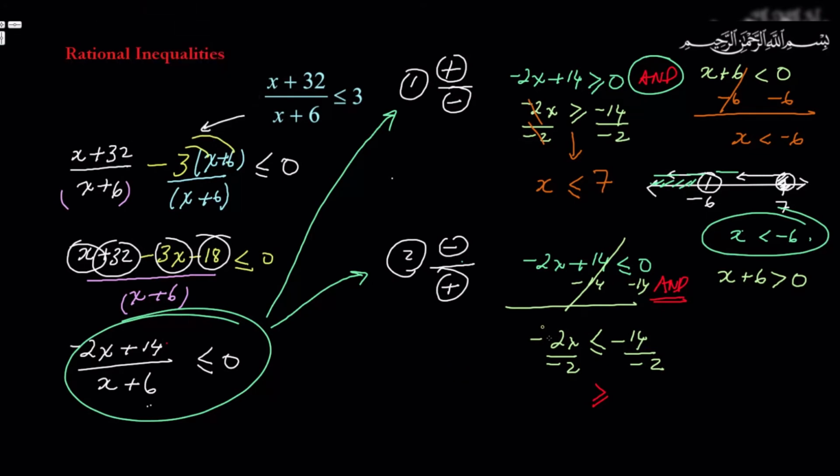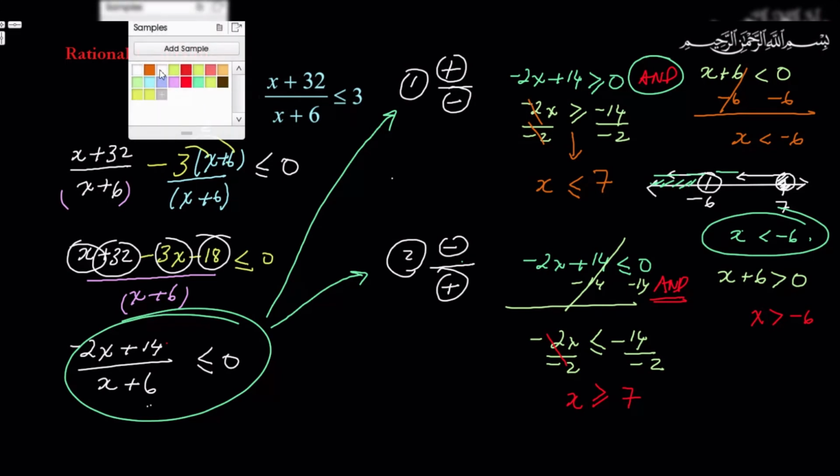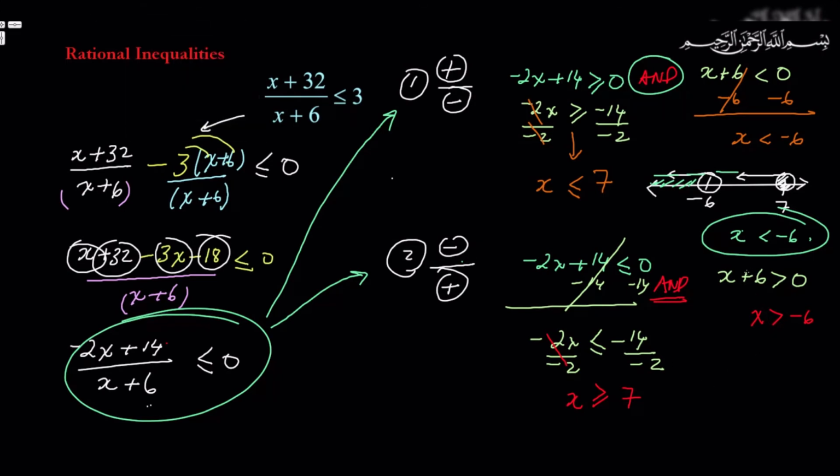So then we have x is greater than or equal to 7, and here subtracting 6, x is greater than negative 6. Okay, and then I just have to make sure I check my work, because sometimes when you talk and try to do math at the same time, you can make mistakes.